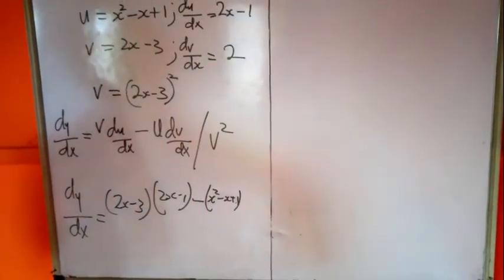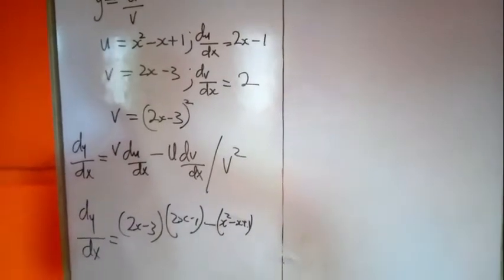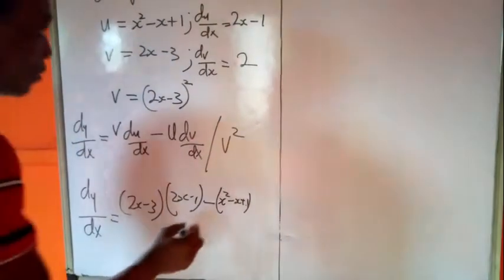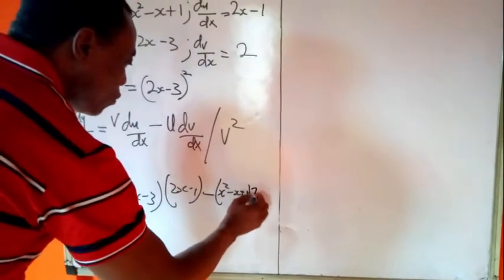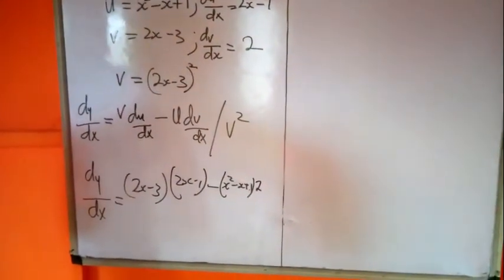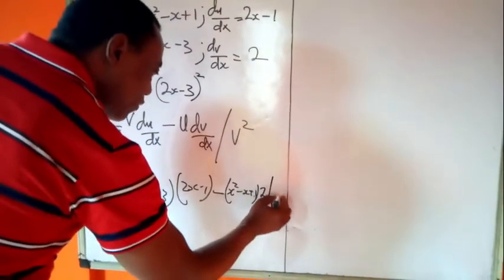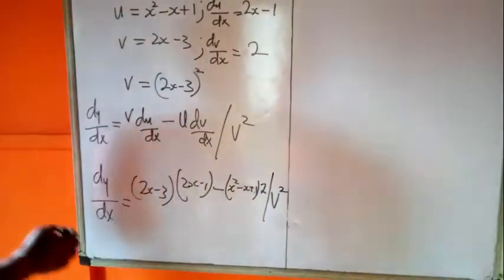That is our u. So what is our dv dx? Our dv dx is simply 2. So we are multiplying dv dx, 2, then all over v squared.